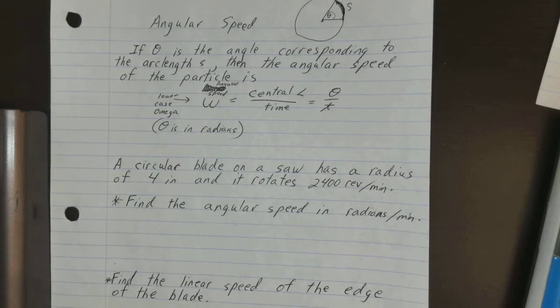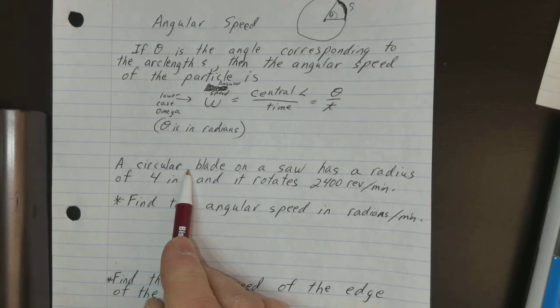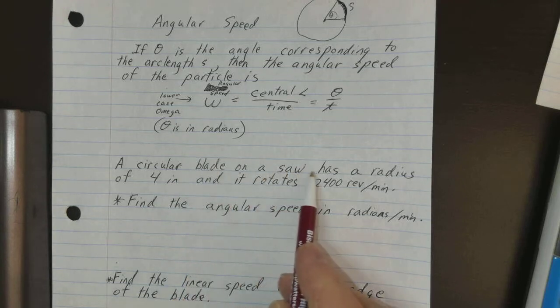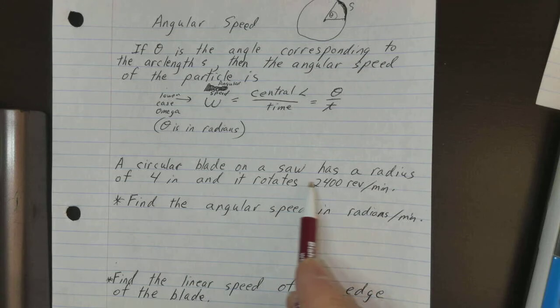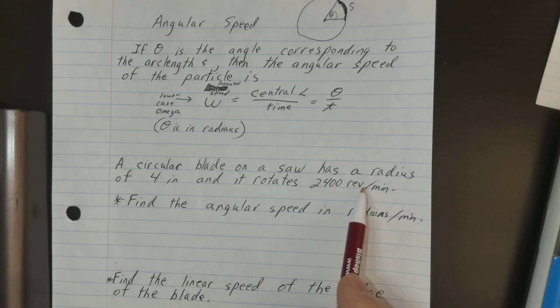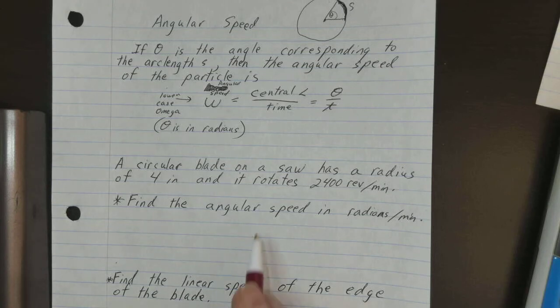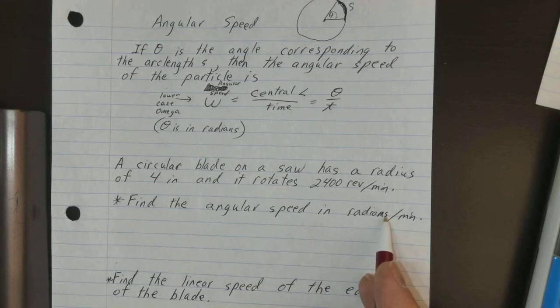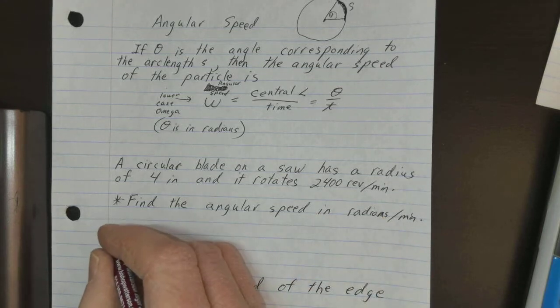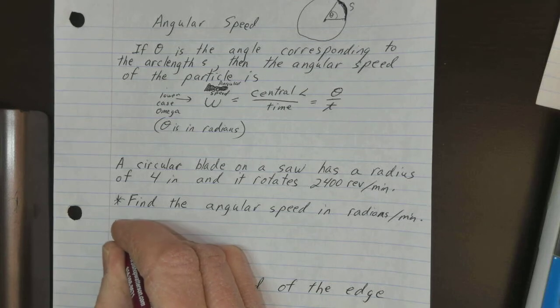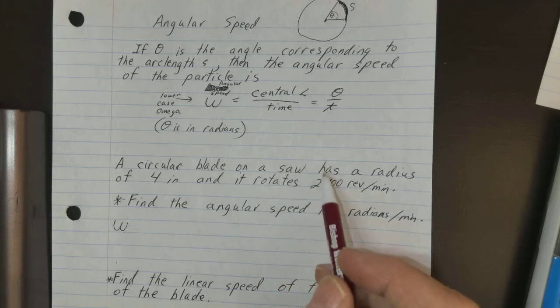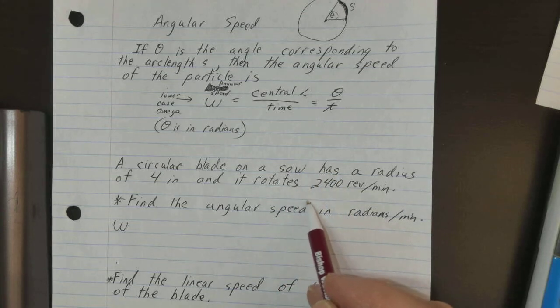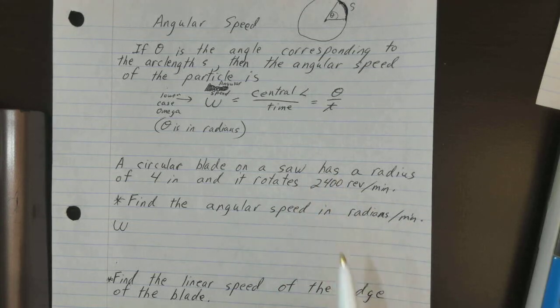All right, so a circular blade on a saw has a radius of 4 inches, and it rotates 2,400 revolutions per minute, so it goes very fast. Find the angular speed in radians per minute. Well, it is going around 2,400 times each minute.